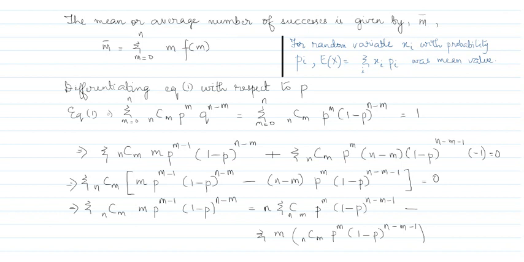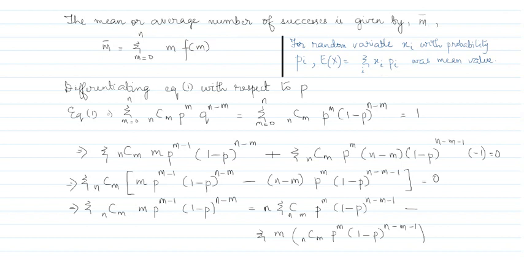So this is how you found out the expectation value. So here instead of xi we have m, and instead of pi we have f of m. So my m bar would be a summation for different values of m. Now m can range from 0 to n. So summation m goes from 0 to n, m f(m) would be my m bar.